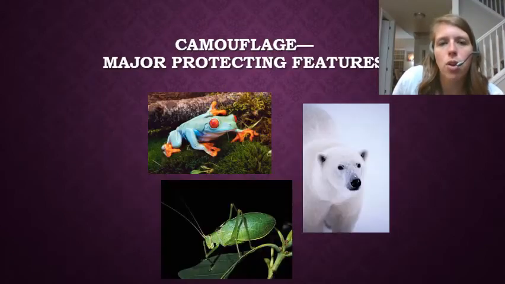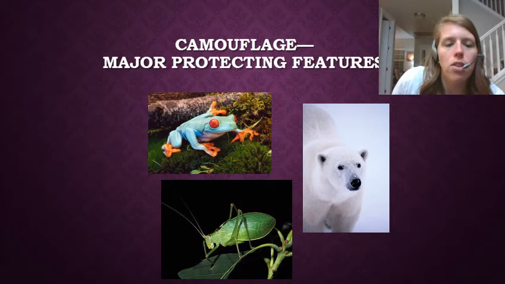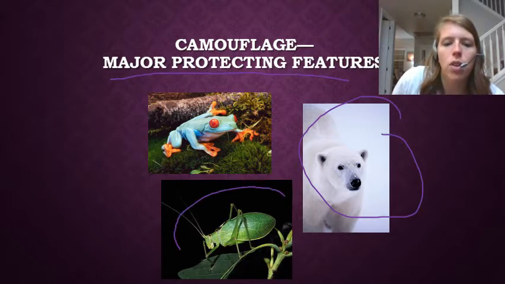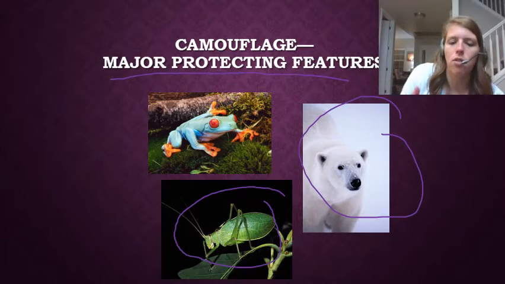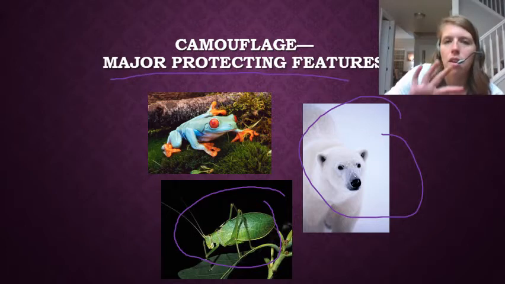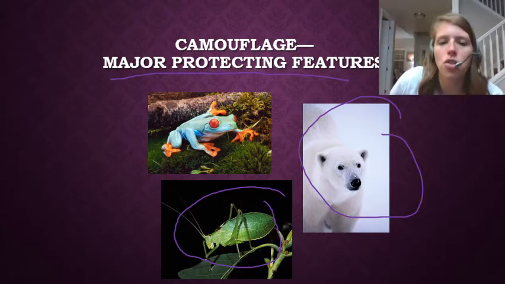Very much so. So other types of things that help animals meet the challenges of life is camouflage. Obviously, a major protecting feature, right? The polar bear blends in with the snow. Many bugs look like leaves so that they camouflage into a tree setting.